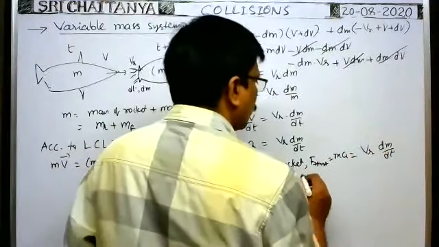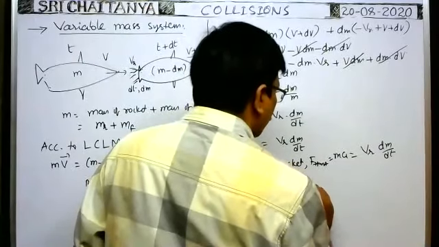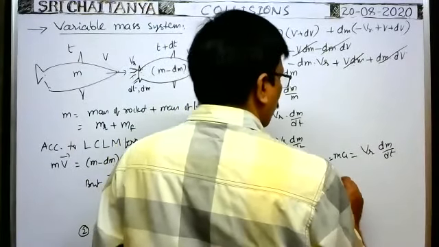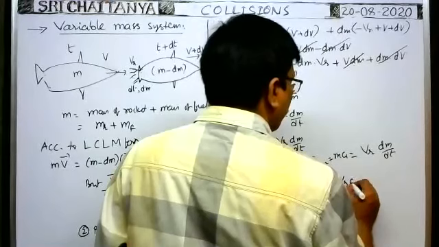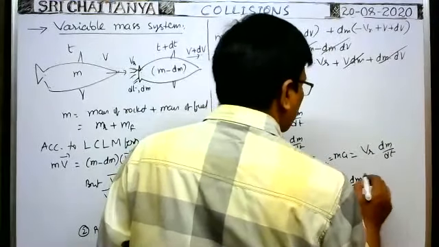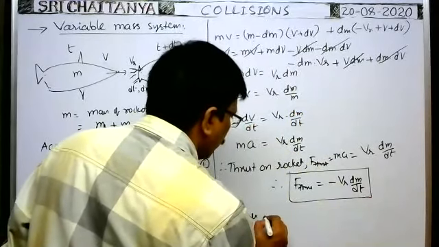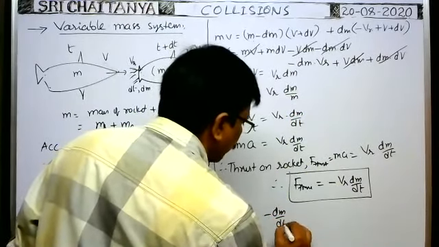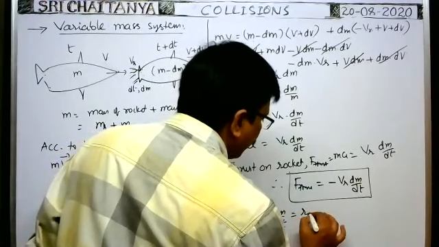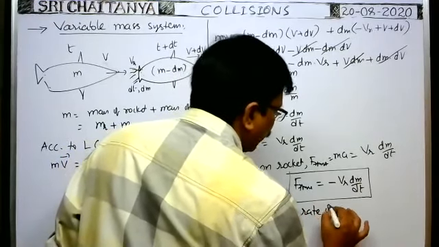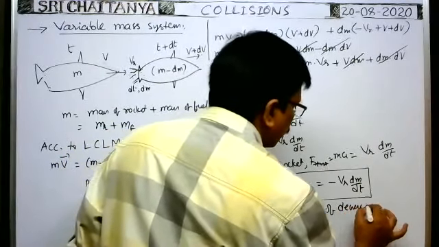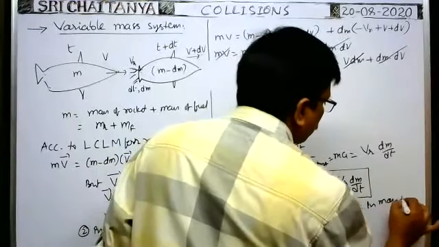Therefore, thrust on the rocket is equal to minus Vr into dm by dt, where minus dm by dt represents rate of decrease in mass of rocket.